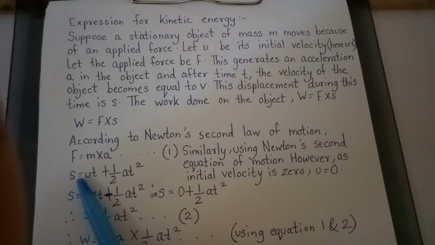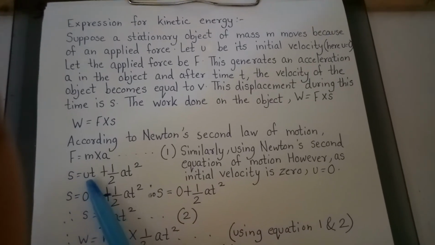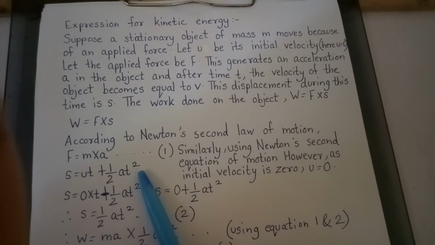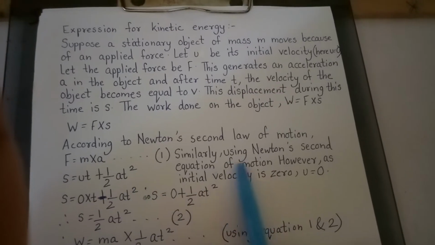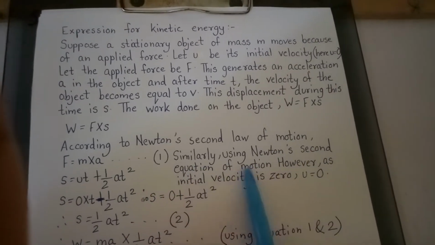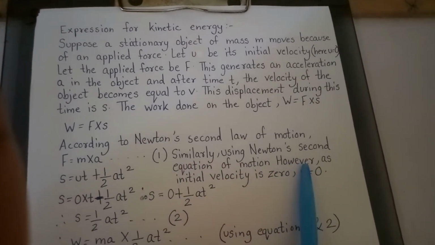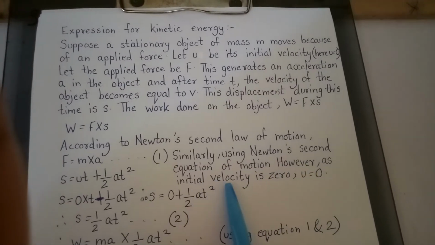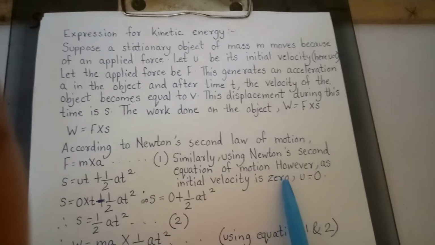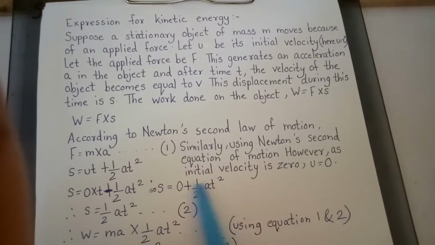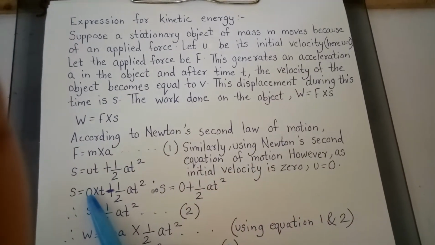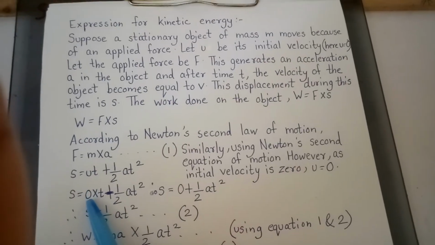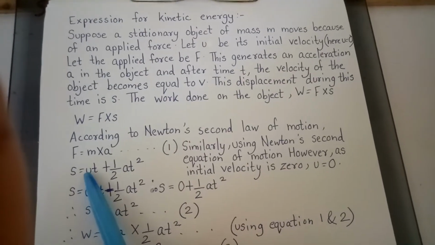Now s is equal to ut plus half at square, which we have solved as Newton's second equation in the lesson on motion. However, as the initial velocity is 0, that is u is equal to 0, we substitute 0 for u.